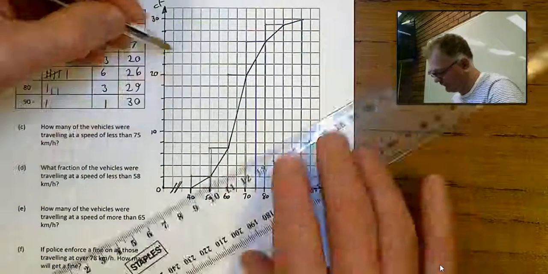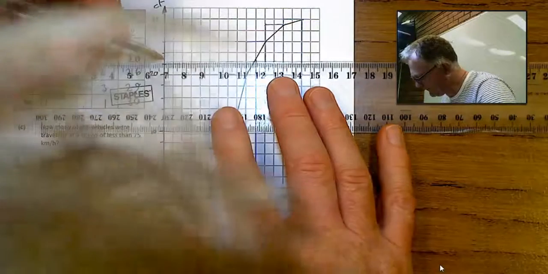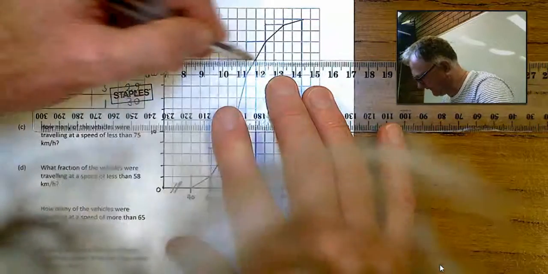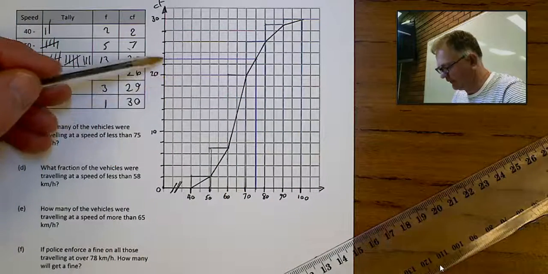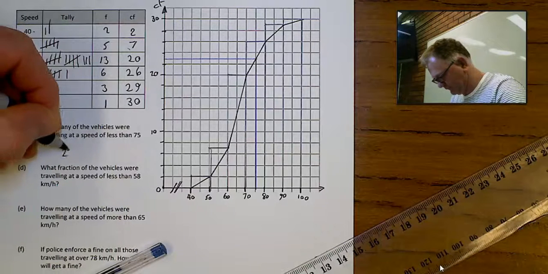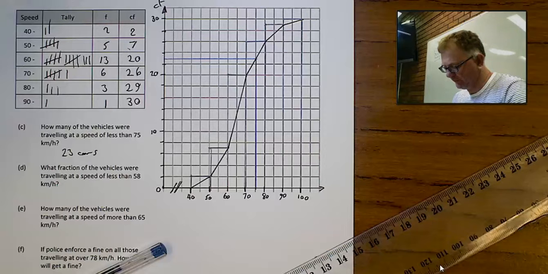Up to 75, go along. You need to be pretty accurate. Now it looks like 22, 23 cars had a speed of less than 75.